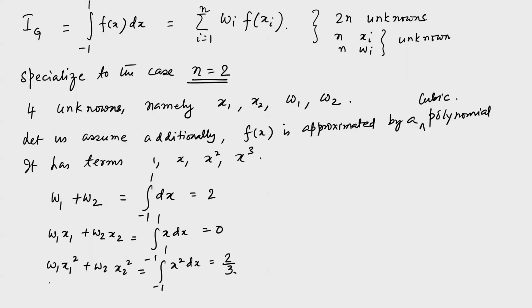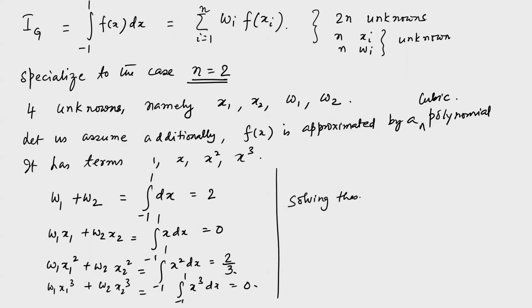And finally, W1 x1 cube plus W2 x2 cube equals the integral from minus 1 to plus 1 of x cube dx, which is again equal to 0. Okay. So, if you solve these for x1, x2, w1, w2, we get w1 equal to w2 equal to 1.